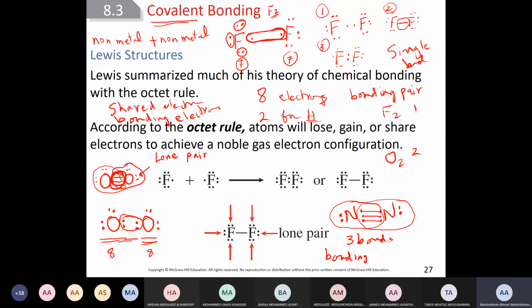How many bonding pairs? 3, because each bond is a pair. How many lone pairs are on this nitrogen? 1. And on this nitrogen? 1. I hope this is clear.